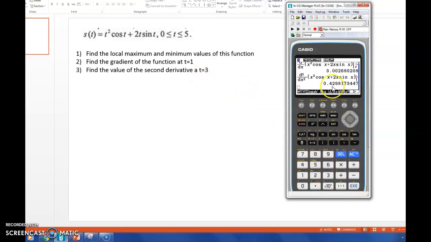Okay, and there it is. So the value of the second derivative at the value t equals 3 is 0.430, 3 significant figures.